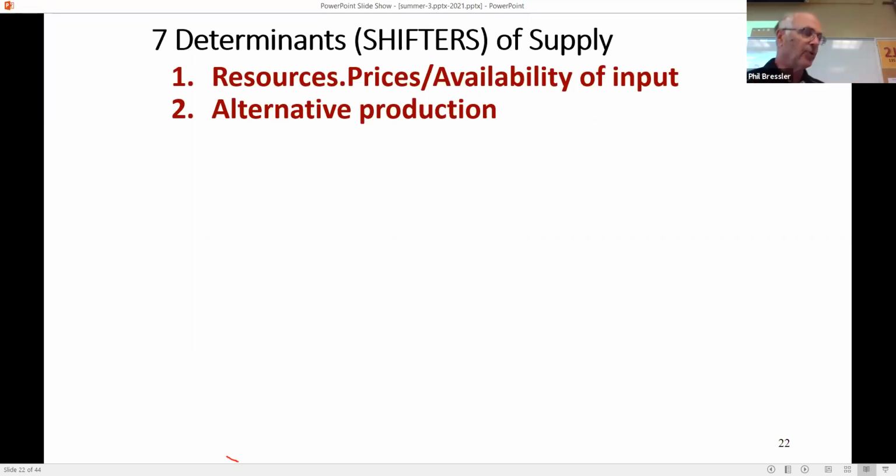I could grow corn or cotton on my land. I'm going to grow the one that makes me the most money. So that's alternative production. T is technology. If there's a faster way to make cereal, or technology makes it faster or cheaper, that's going to affect supply. So there's the rat: resource prices, alternative production, technology.